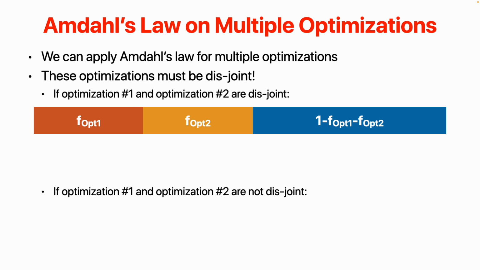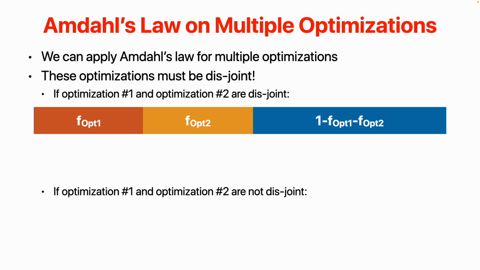If I have two optimizations that are disjoint, meaning they cannot apply on the same part of the code, then just separate out the fraction of the time the first optimization can apply, the fraction of the time the second optimization can apply, and the rest.